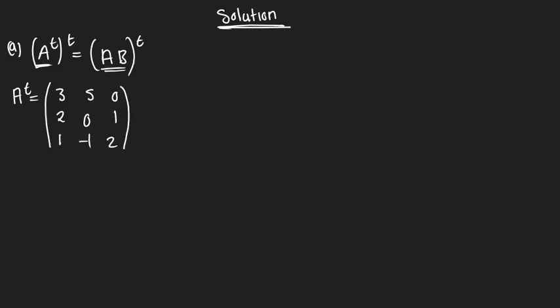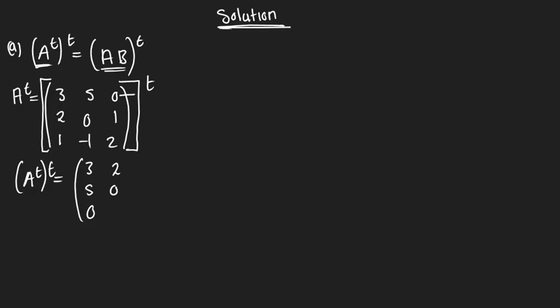Then they say, this same thing that you have found here, transpose it again. So now this is A transpose, and whatever is a row, we now make it column. So it's going to be 3, 5, 0, 2, 0, 1, 1, -1, then 2.